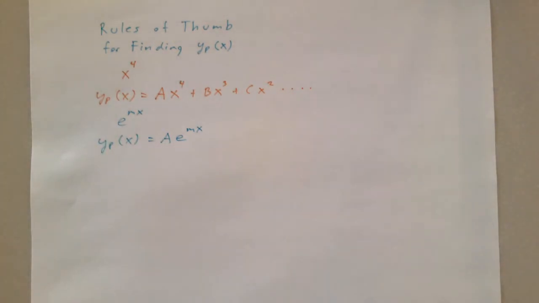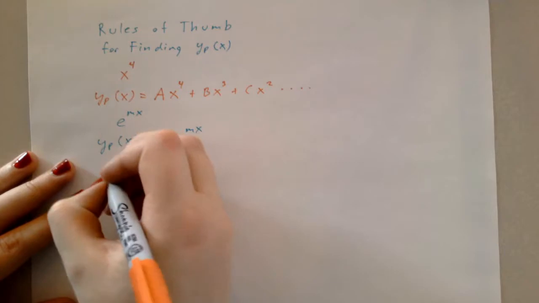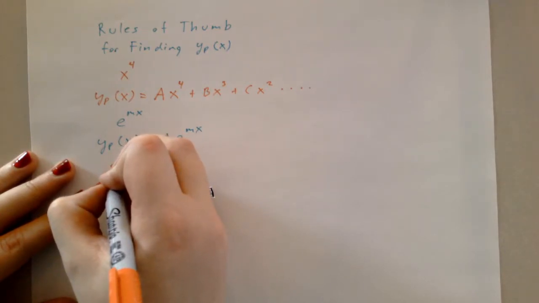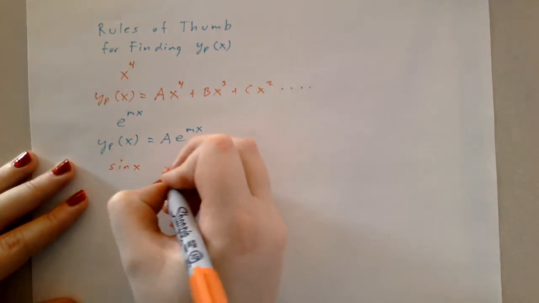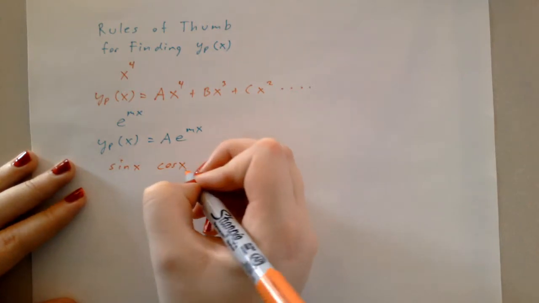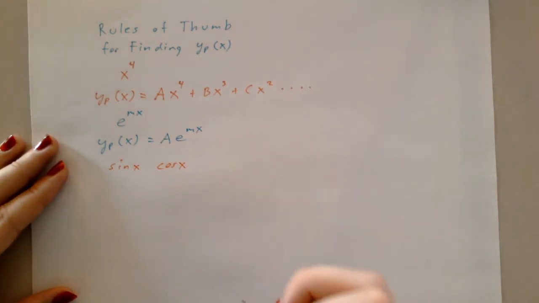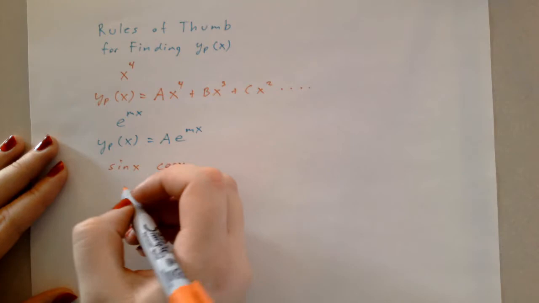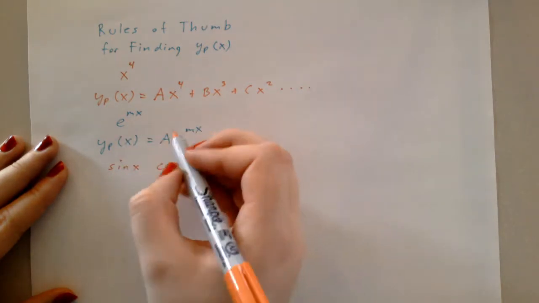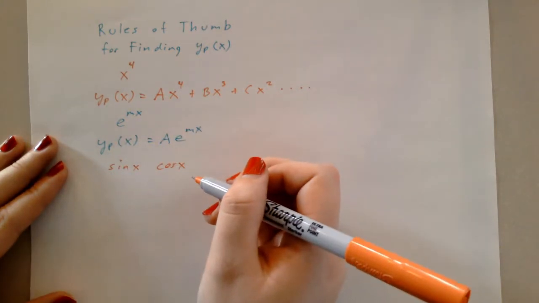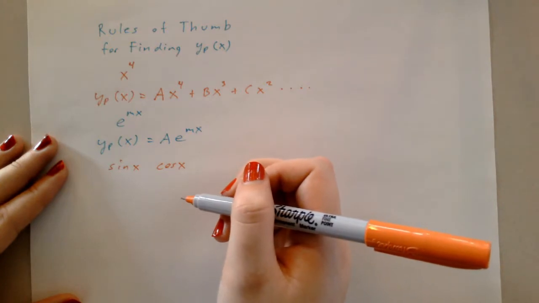The most complicated rule of thumb is for any time you have trig functions like sine of x or cosine of x. In this case, whether or not you can just translate this down like we did here, where we just attached a coefficient to it, will depend on the orders of the derivatives involved.